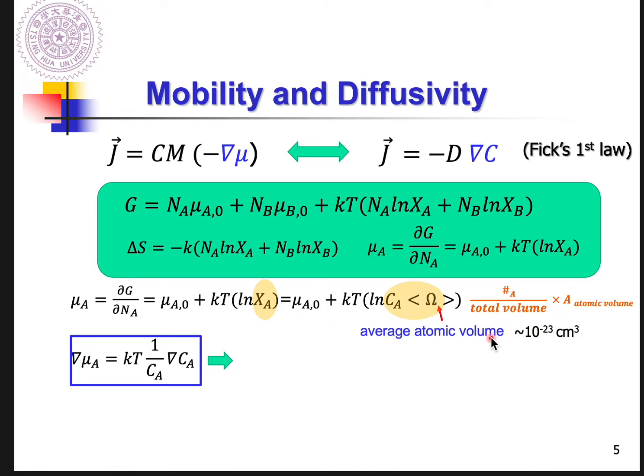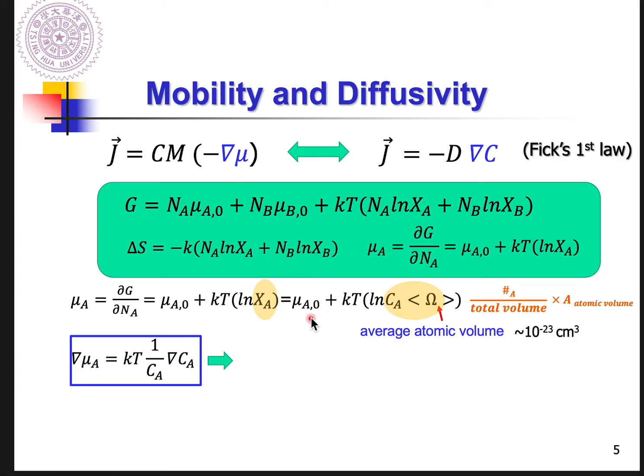For example, the atomic volume, just to give you a rough idea, is on the order of 10 to the minus 23 cubic cm. Okay, so that's some idea about the average atomic volume. Taking the gradient means taking the partial derivative with respect to distance.